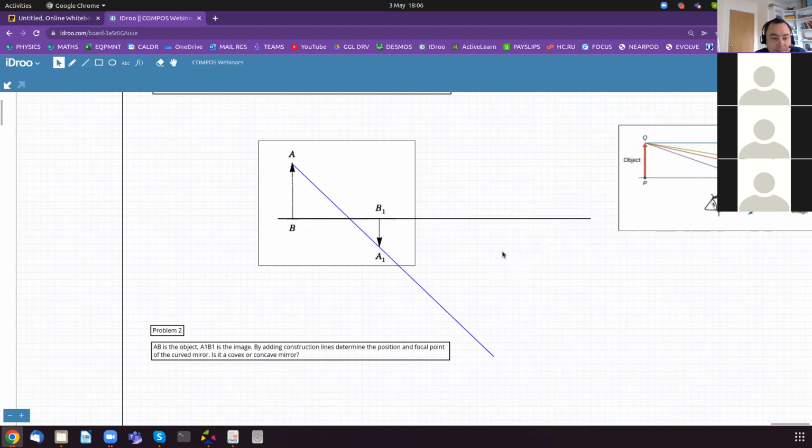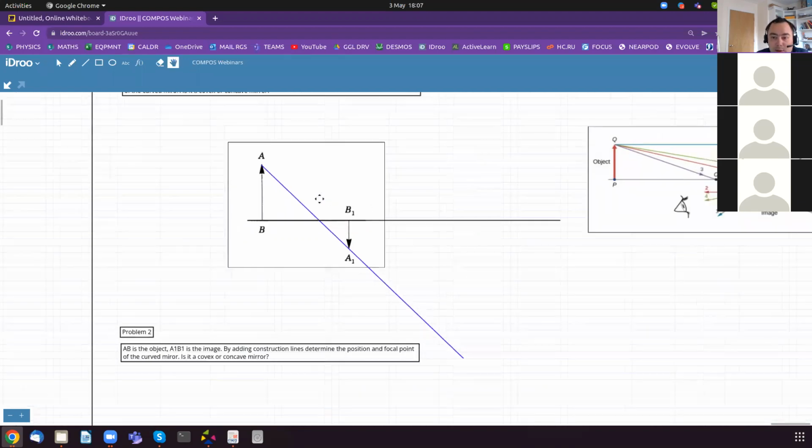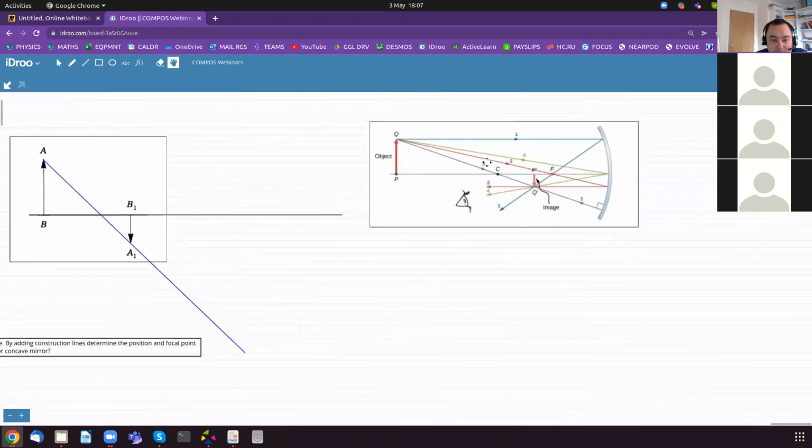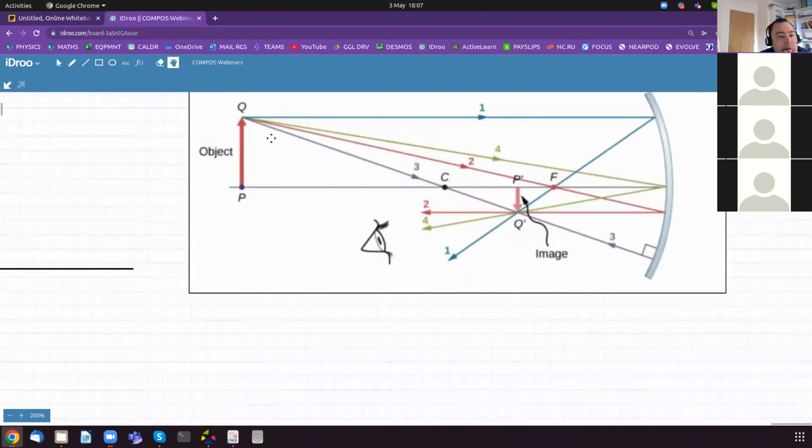Now, what else can we do? What else can we do? Well, the ray number 4, look at it.